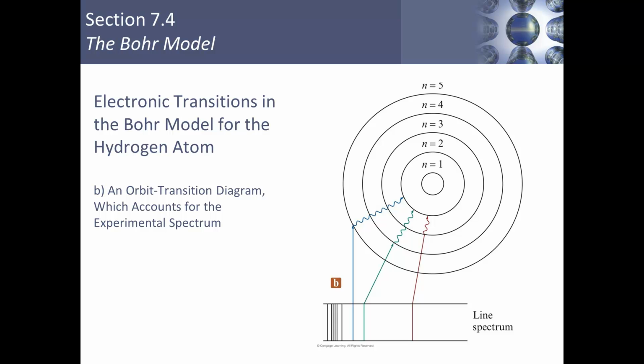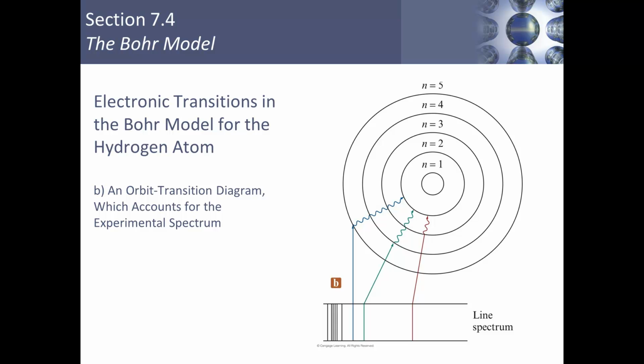If we treat the electron as circular orbits in the Bohr model, then we can begin to assign the wavelengths seen in the line spectrum to transitions in the Bohr model.